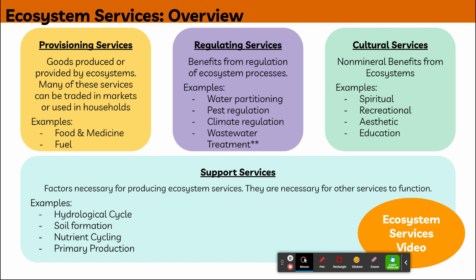Cultural services are non-material benefits from ecosystems such as spiritual, recreational, aesthetic, and educational. So these would be any national parks, any natural wonders of the world, anything like that. And support services are factors necessary for producing ecosystem services. They are necessary for other services to function.